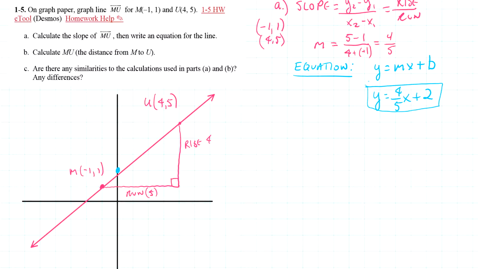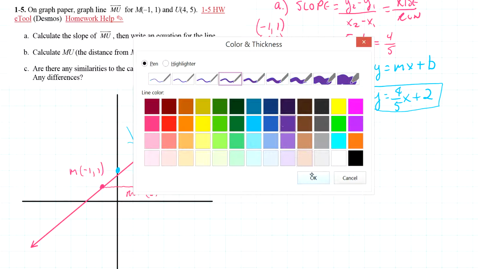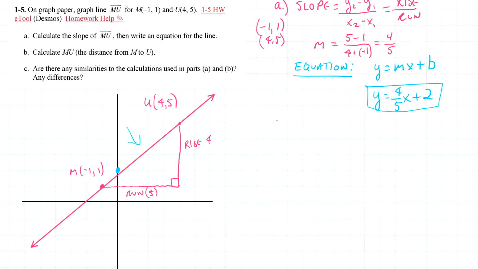So the next thing they want us to do is calculate MU, the distance. They want this distance right here. Well, what we need to remember, this is B, is when we're looking for distance of a right triangle, we're going to use the Pythagorean Theorem. So a squared plus b squared equals c squared.